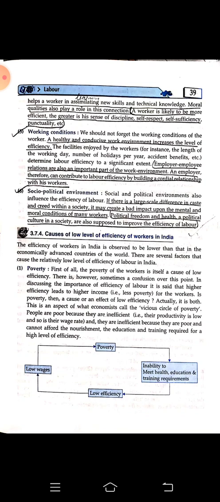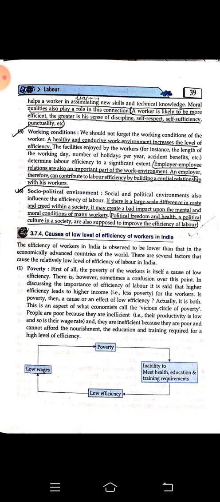Not only among the laborers, the relation between the employer and employee, if the relation of the labor and the boss is good, then also the production increases. If the relation is bad, then the production again gets hampered.